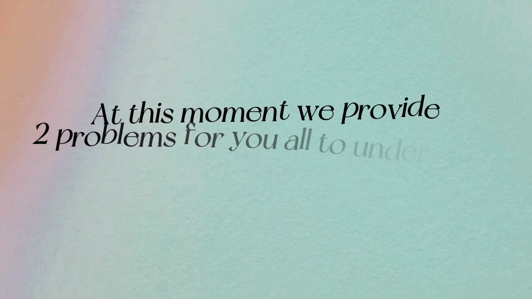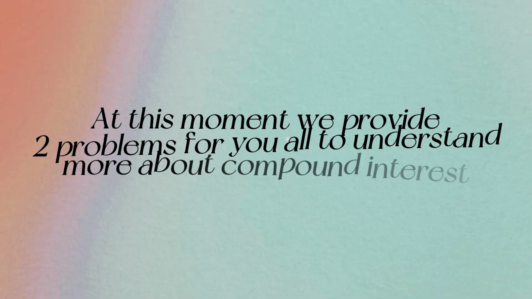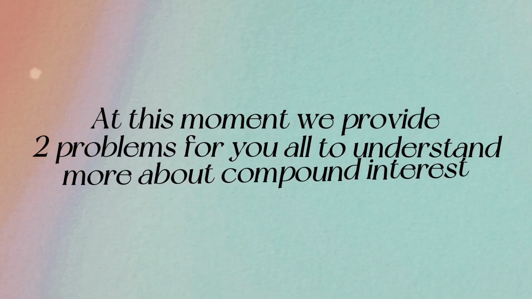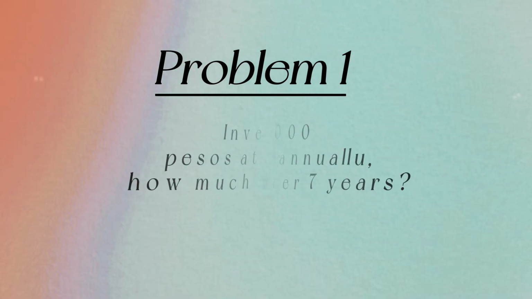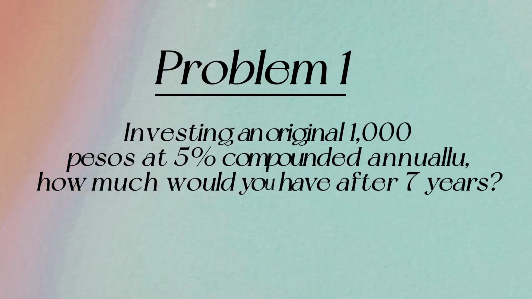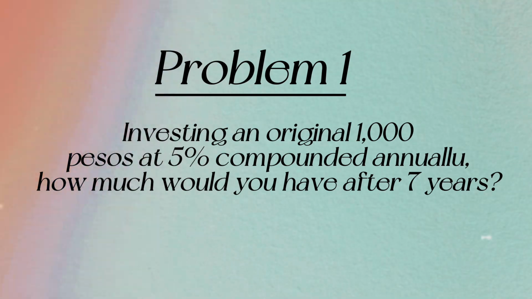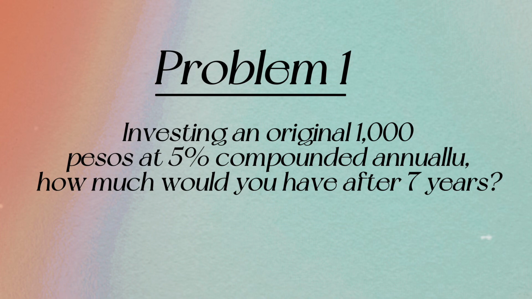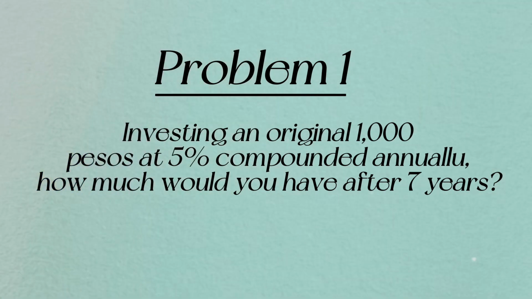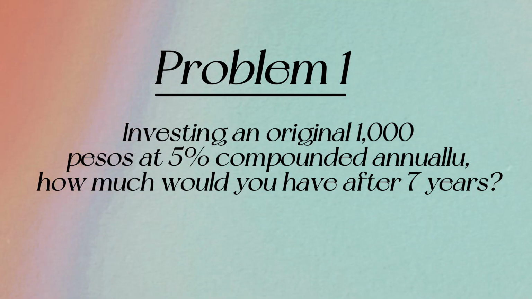At this moment, we provide 2 problems for you all to understand more about compound interest. Problem number 1. Investing an original 1,000 pesos at 5% compounded annually, how much would you have after 7 years?